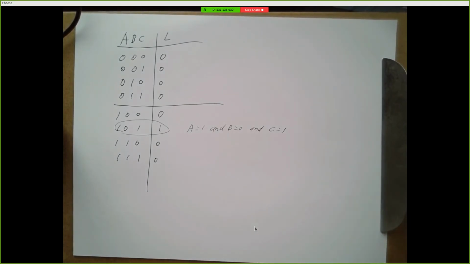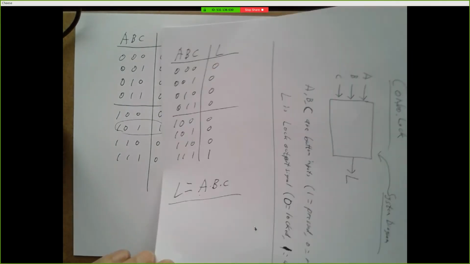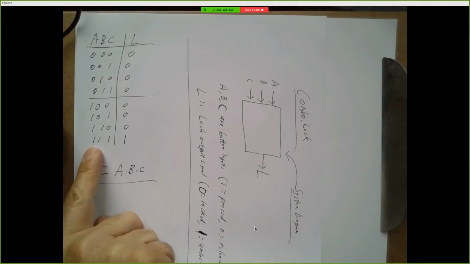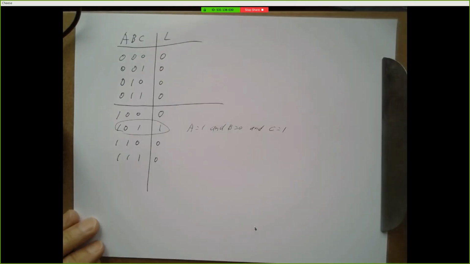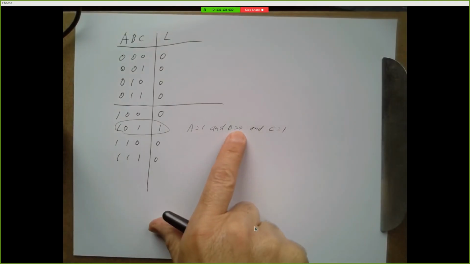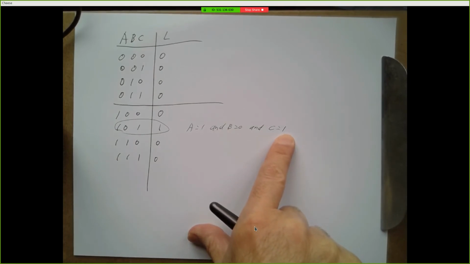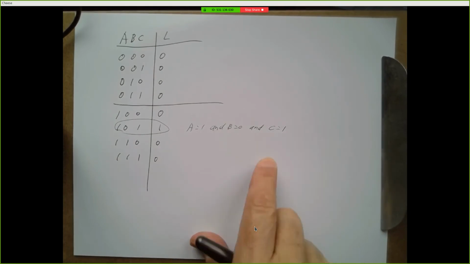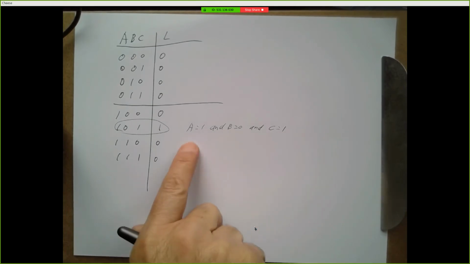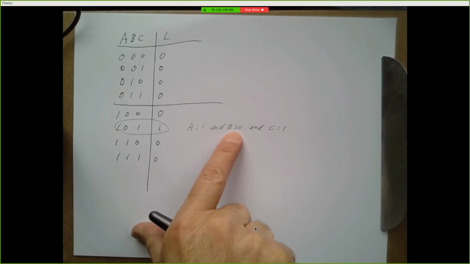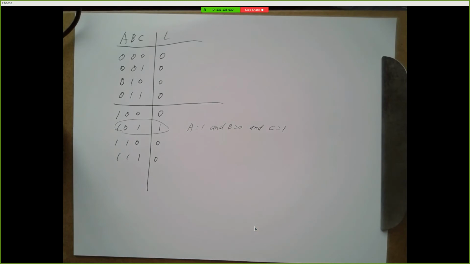It's still an AND of 3 things. But in this truth table, A had to be 1 and B had to be 1 and C had to be 1. In our actual circuit, A wants to be 1 and B wants to be 0 and C wants to be 1. Well, we don't have an AND operator that tells us when the first thing is 1 and the second thing is 0 and the third thing is 1.